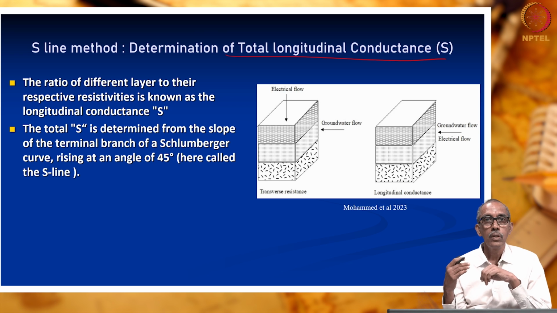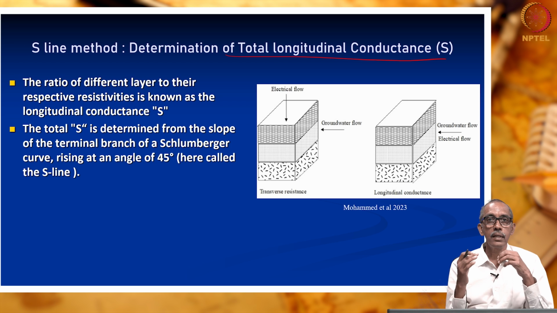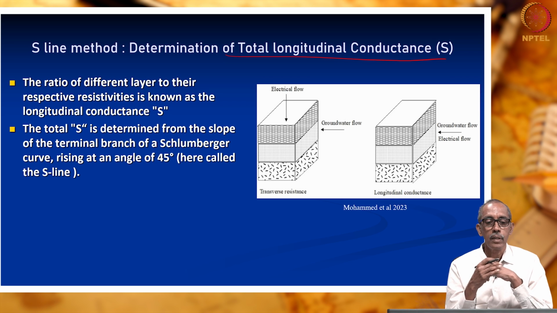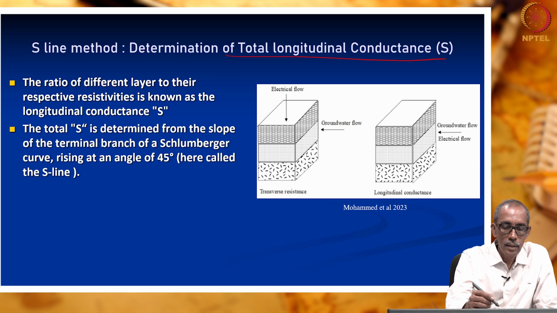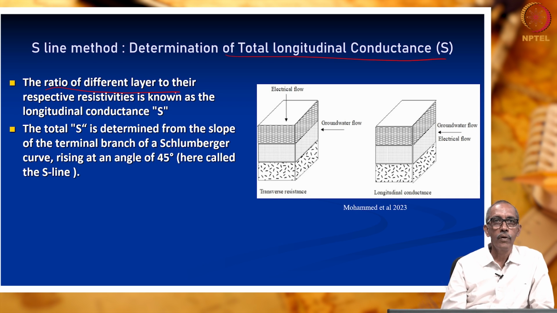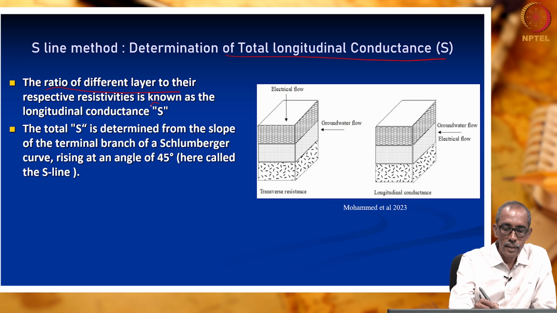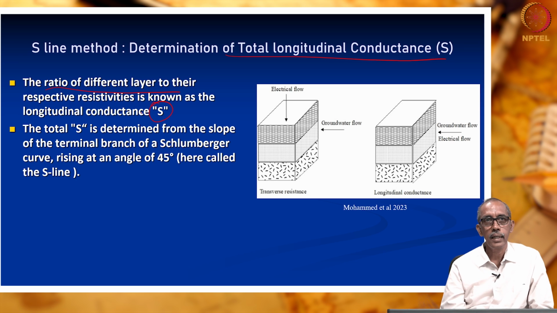So, making use of the similarity, we have another method of interpretation known as the S-line method, which is nothing but the ratio of different layers to their respective resistivities, and that ratio is known as conductance.